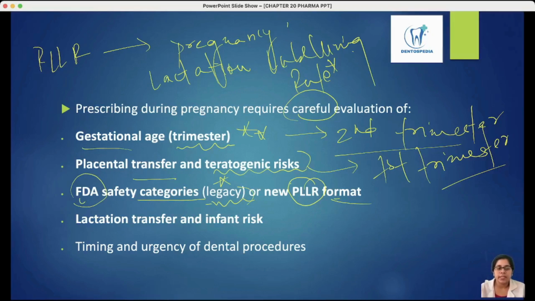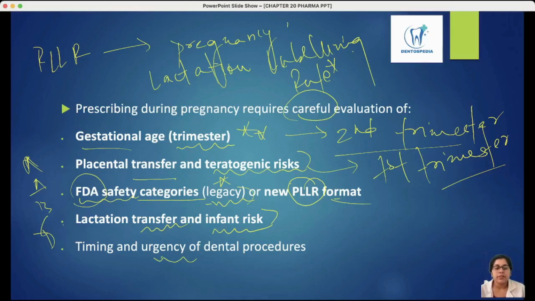And also the FDA safety categories, which are divided into X, A, B, C, D. In the previous videos I have also told you some of the drugs that are in the category B drugs, so those are very much safe for a mother. So you have to understand this FDA category, lactation transfer, and the infant risks, because lactation is something that can also put the baby at risk. So you have to be very careful about the drugs.